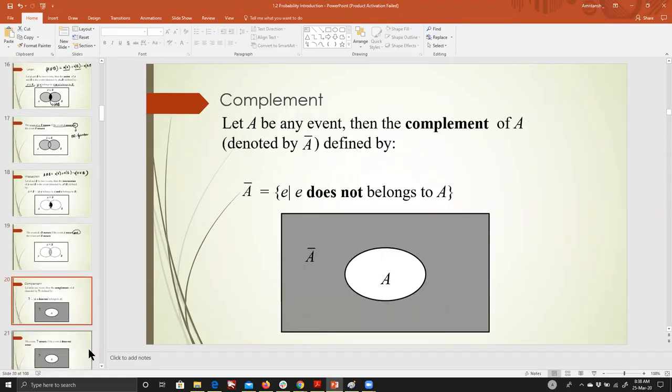So what is the complement? Complement is the not operation. Not of A is represented by A bar. So it's simple: event E does not belong to A. Is it clear?